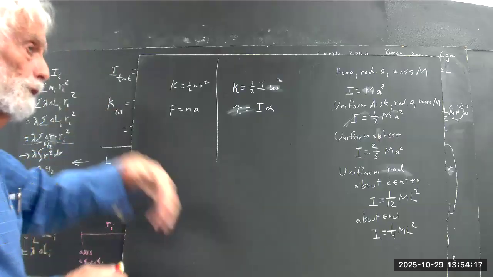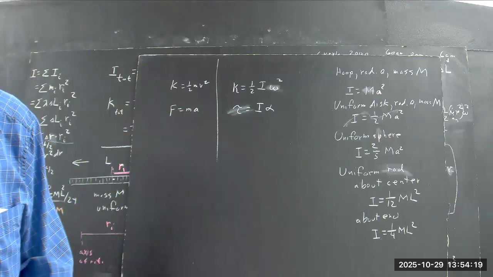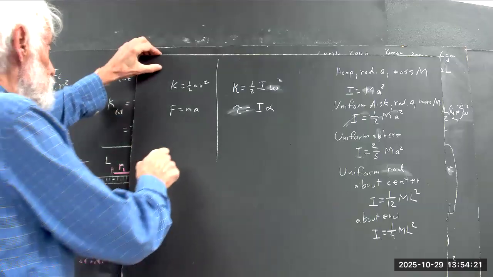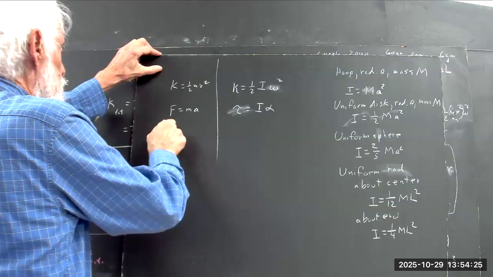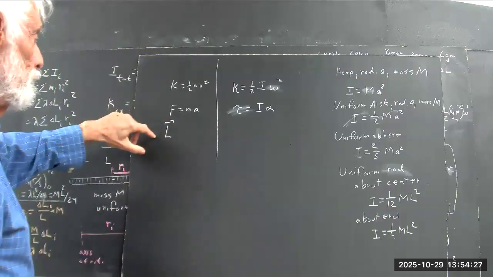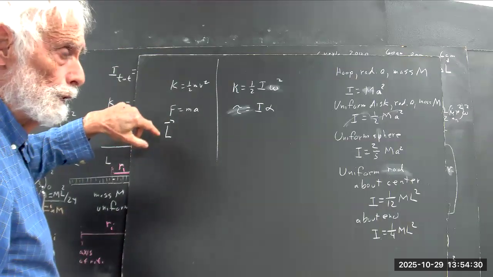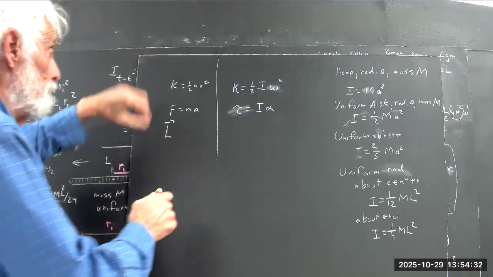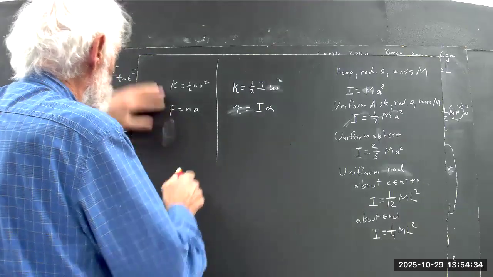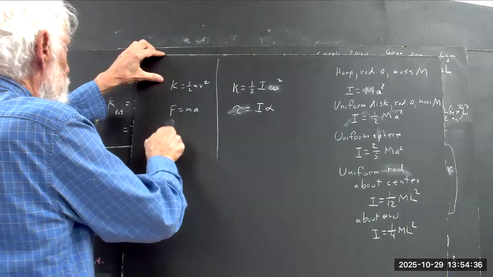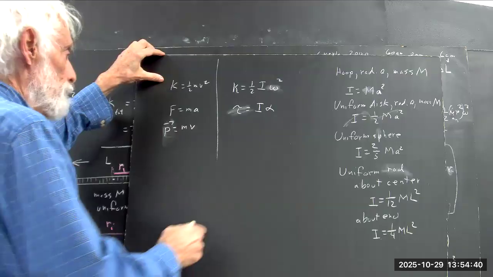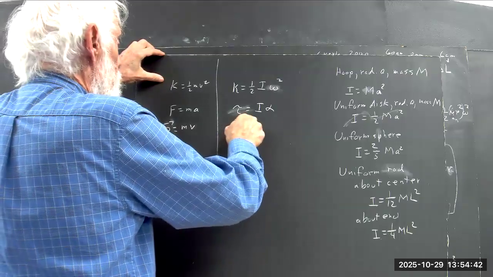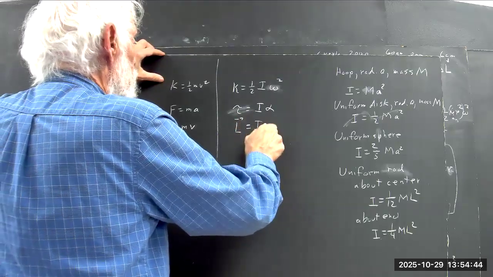Also, and this is the subject of the upcoming chapter, you're gonna love this. Generally, your text, I think, uses L for angular momentum. And of course, we don't want angular momentum over here. We want P. Here we have L equals I omega.